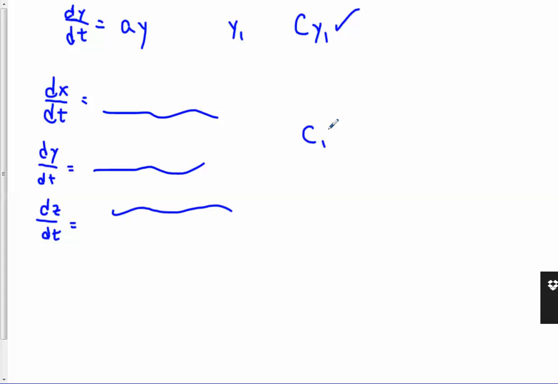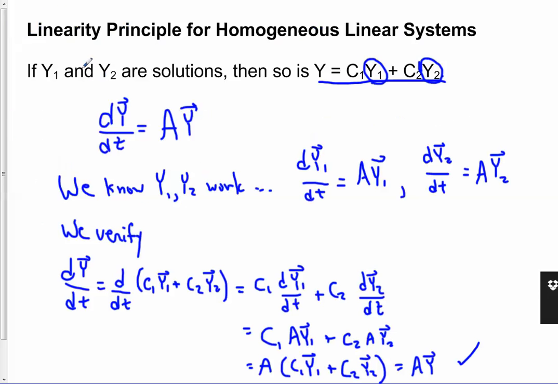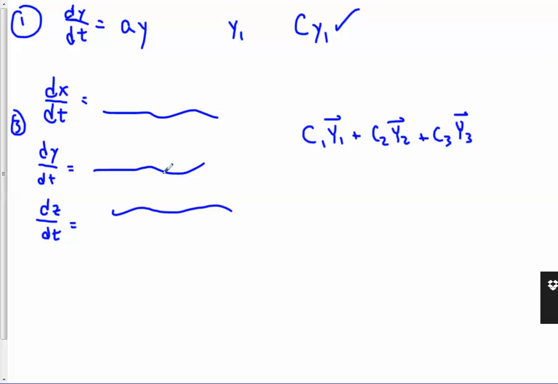You would want c1y1 + c2y2 + c3y3. You would want three of them. So here's one, here's three, but the example I've been showing you is two. So it works with any size problem, is my point here.